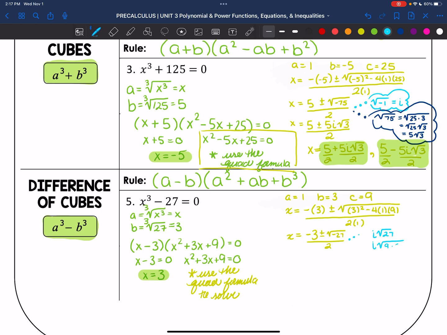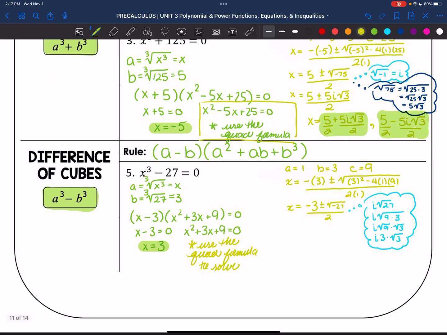9, 9 and 3. And when I take the square root of 9, it is 3. That other 3 that's in the radical stays in there. And so we have now a way to write this that's much more simplified.